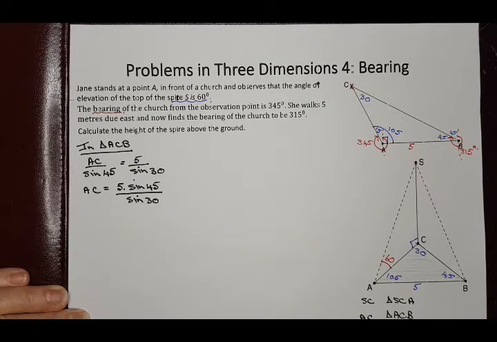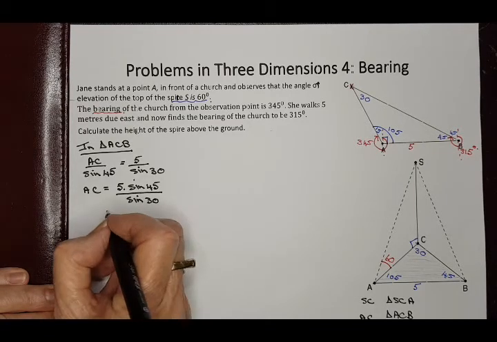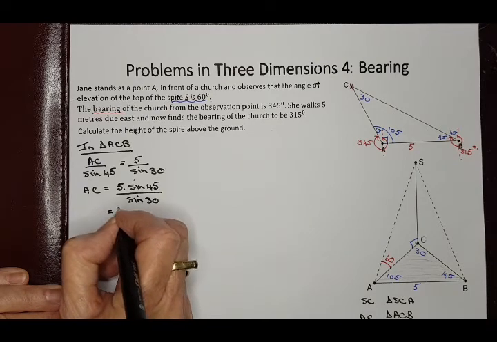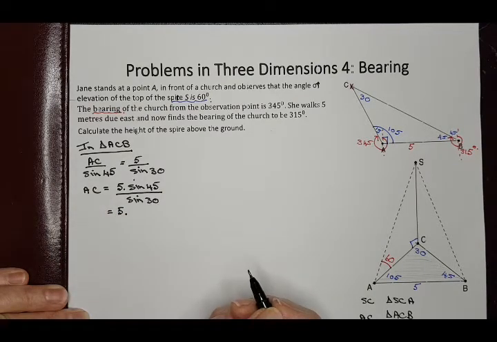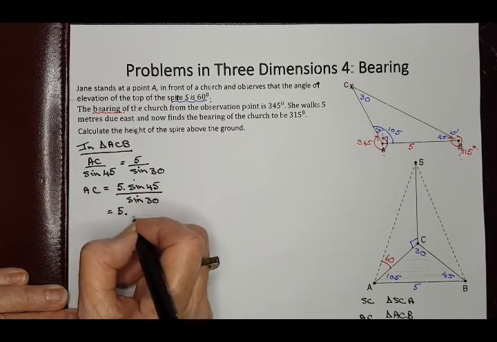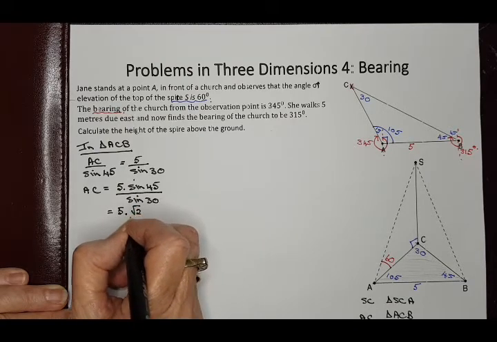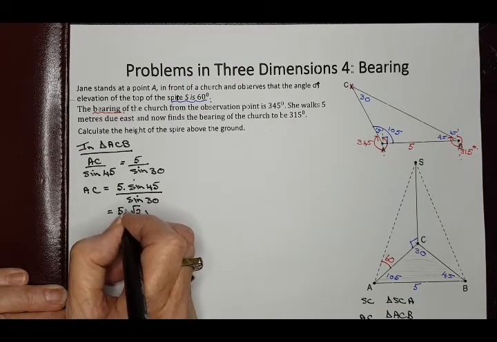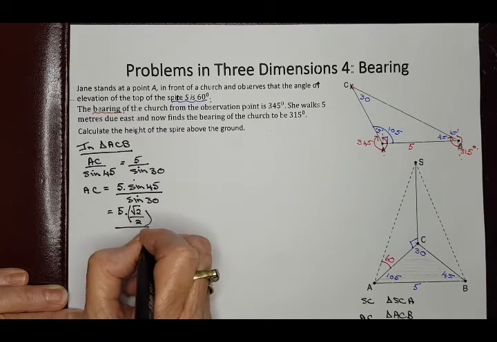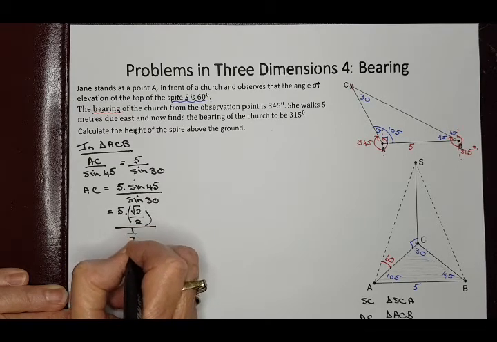Now I'm going to do this one without using my calculator because these are special angles. It is possible for them to say do a sum without using your calculator. Sine of 45 becomes root 2 over 2. Sine of 30 is a half.